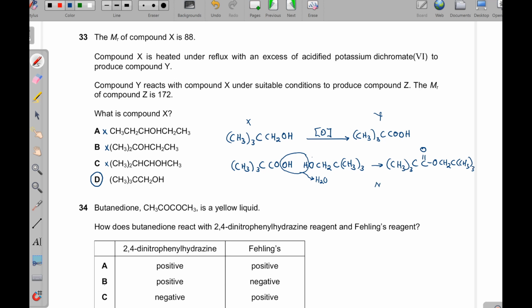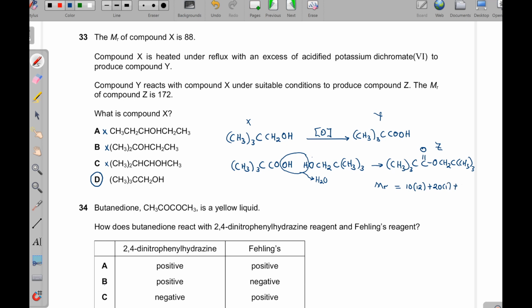So what is the Mr? This will be our Z. What is the Mr of this one here? How many carbons? These are 3, 4, 5, 6, 7, then plus 3. That will be 10, not so? So 10 times 12. Then hydrogens, how many? These will be 9, then 10, 11, then again plus 9. Isn't that 20? That is 20, then times 1.